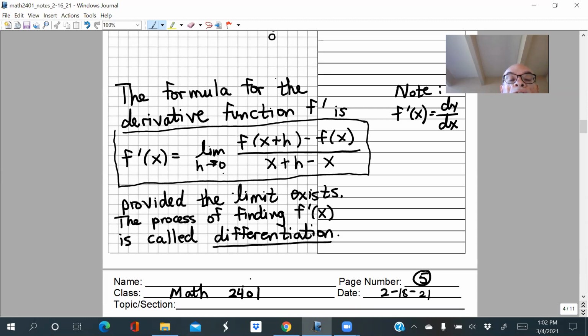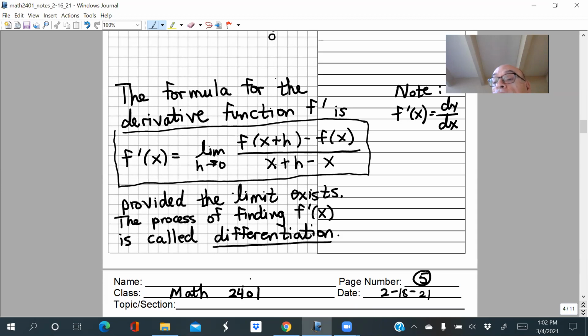So remember, we calculated this limit with an increment, like we always do when we're calculating this limit. But instead of choosing a specific number for x here, we just used the variable x, and we simplified this formula using algebra.